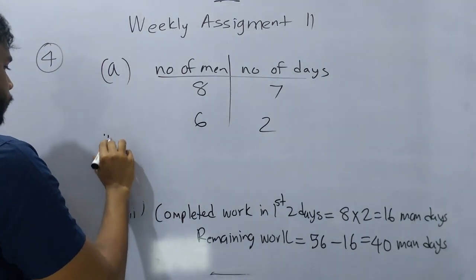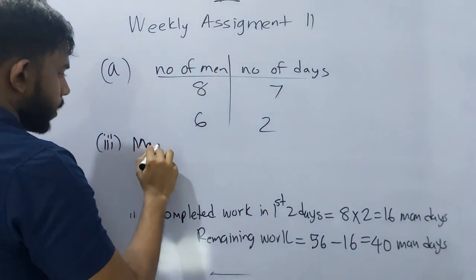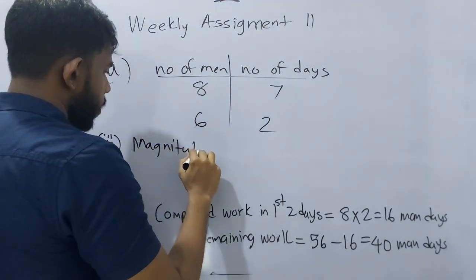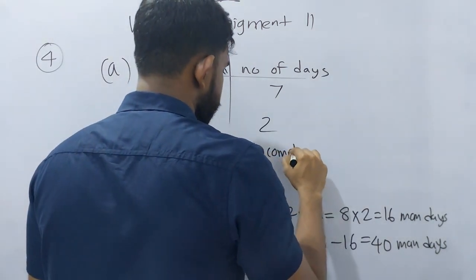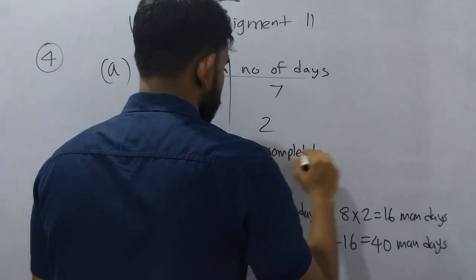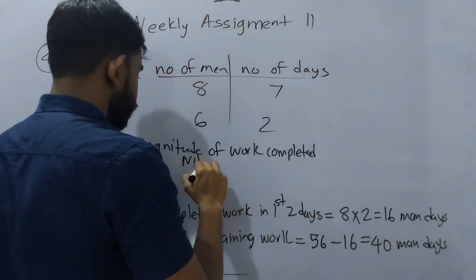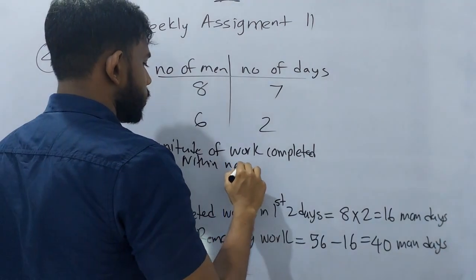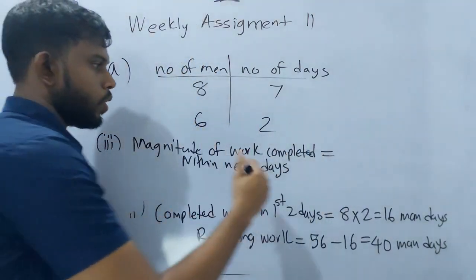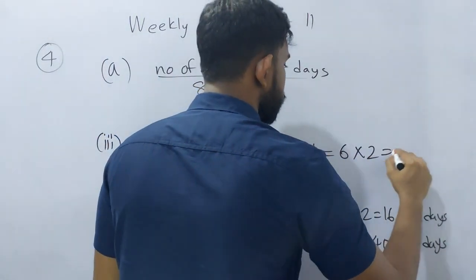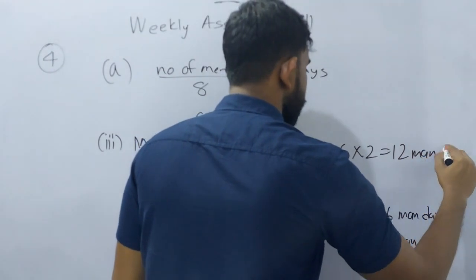Roman number 3. So first we find magnitude of work completed within next 2 days. So there will be 6 men working for 2 days, that is 6 multiplied by 2, which gives 12 man days of work.